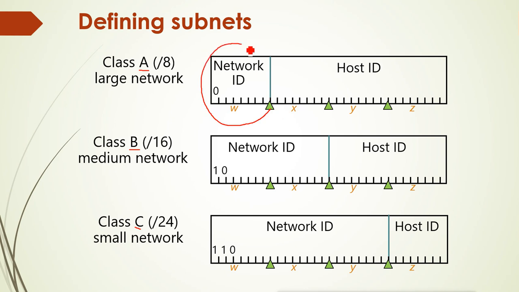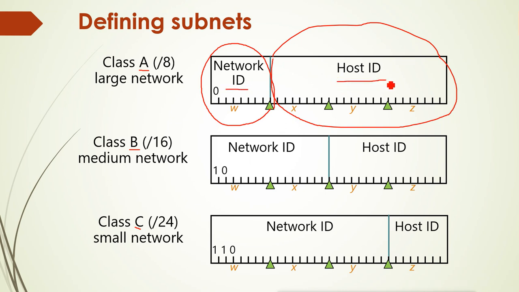In class A we have the first 8 bits as the network ID, and the remaining 24 bits as the host ID. So you can see that we have a small network ID, but a large number of host IDs, so we get a large number of host IPs, and that is why it is defined for large networks. Then class B is for medium networks.